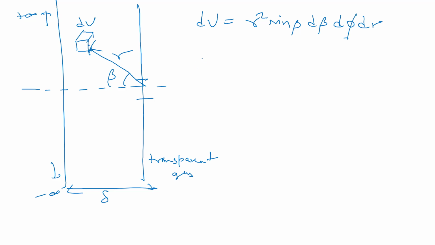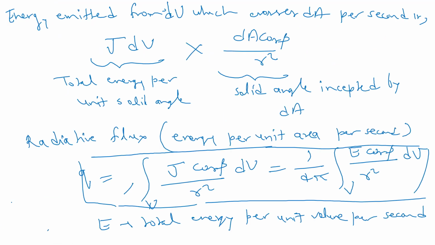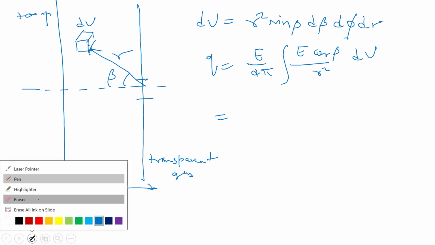So from the previous equation, we know that Q equal to 1 upon 4 pi integration E cos theta upon R square dV. We substitute the dV. One mistake: I used d two times, but there is only d one time.